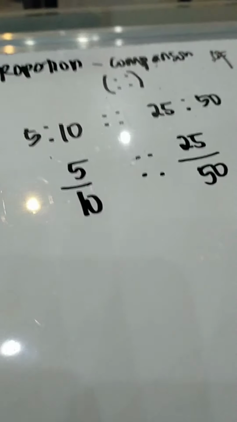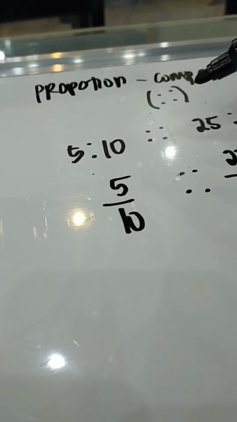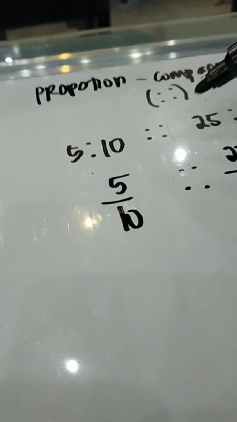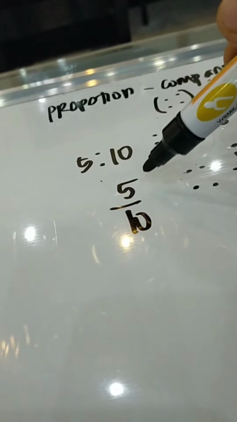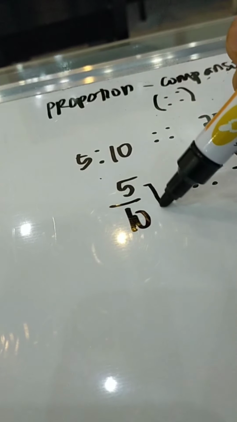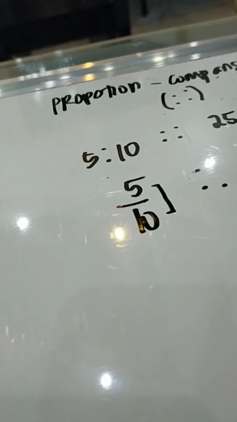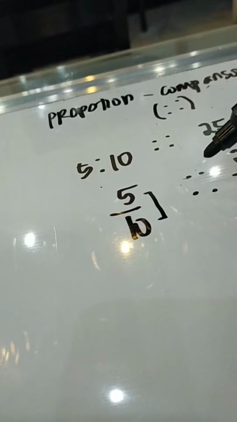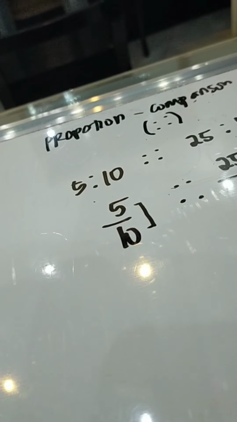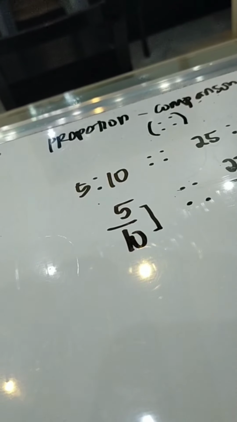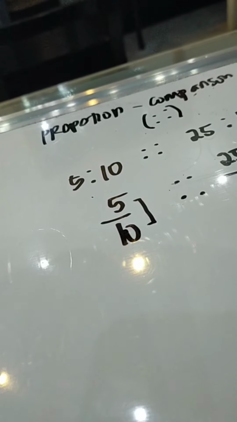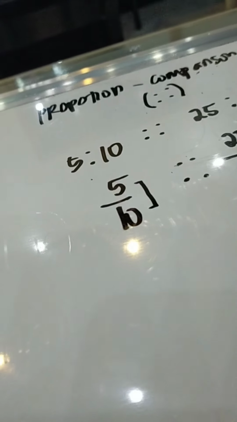Okay, so sinasabi dito sa definition ng proportion, the ratio of the first and the second quantities is equal to the ratio of the third and the fourth quantities. The order of terms in a proportion is important.